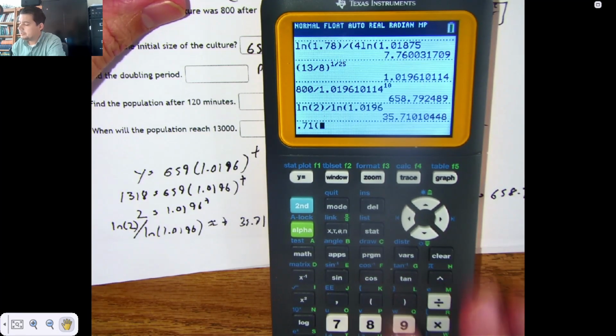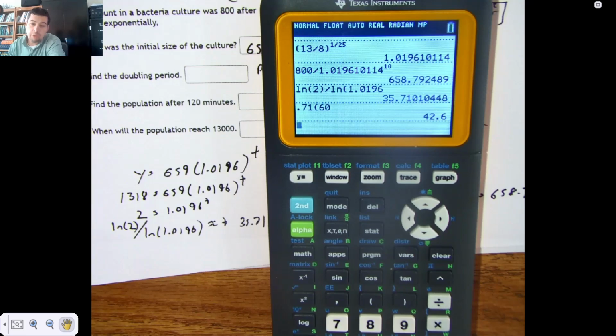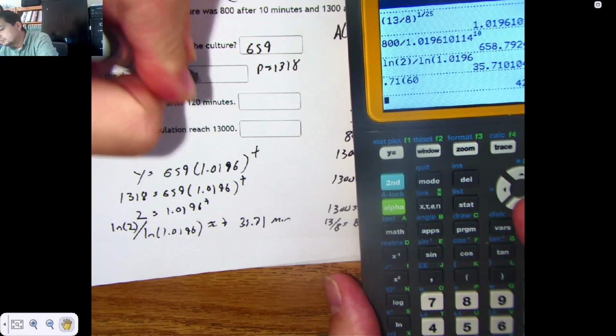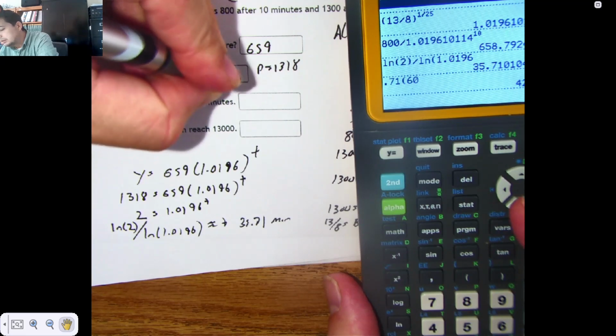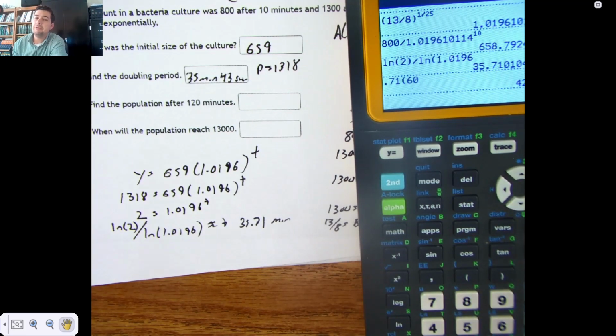If you like seconds, take your 0.71 and multiply it by 60. Roughly 35 minutes, 43 seconds, depending on how you round. You might have had 44, you might have had 42. It's not that big a deal.